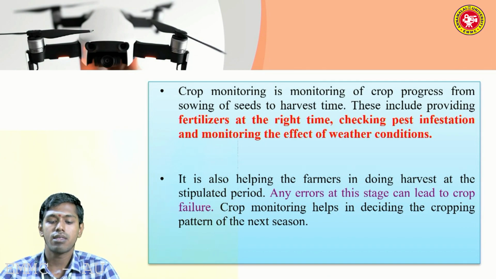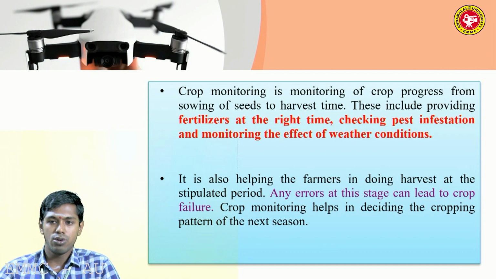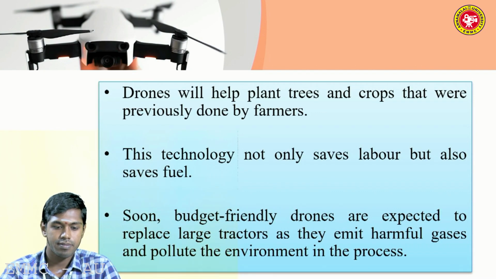So drones also help the farmers to harvest within the stipulated period, which will benefit the farmers. Any error at this stage can lead to crop failure. If the farmer fails to harvest the crop on time, it can lead to failure. And crop monitoring helps in deciding the cropping pattern of the next seasons.